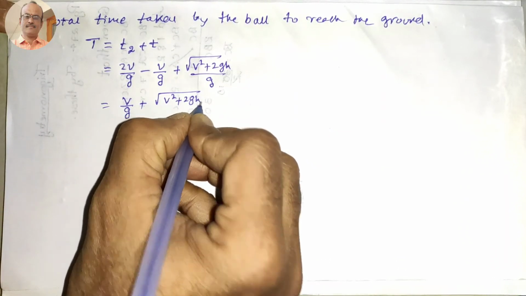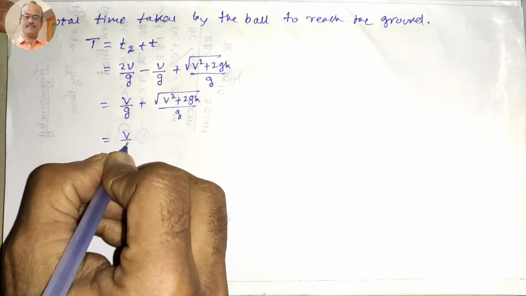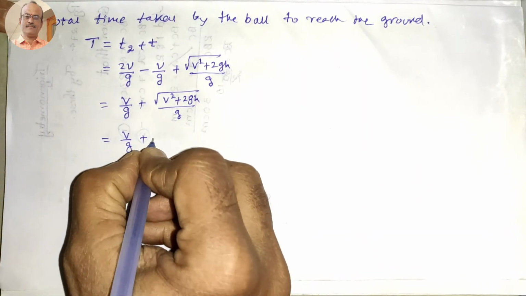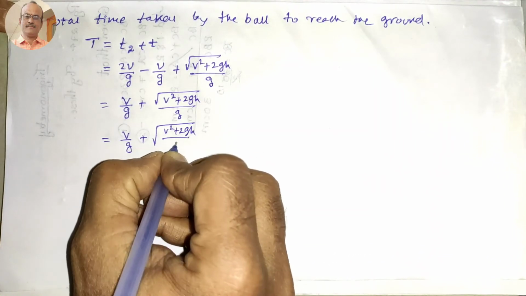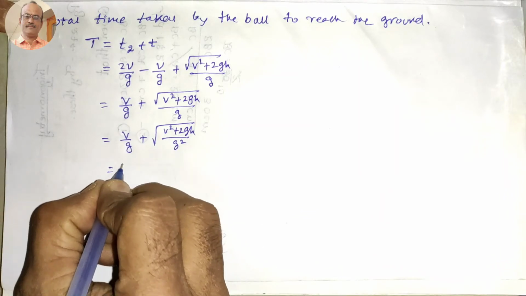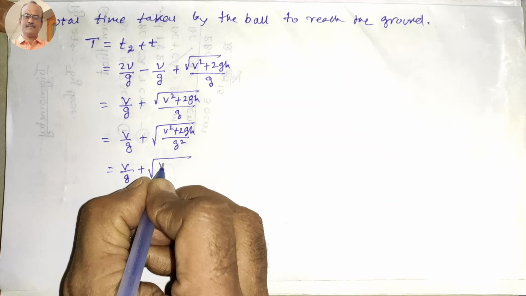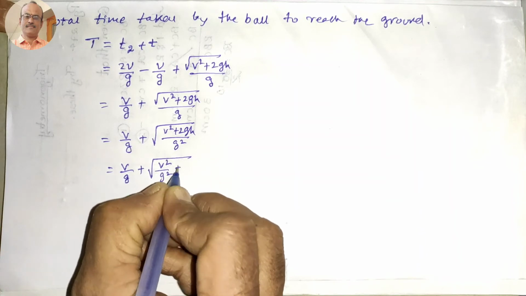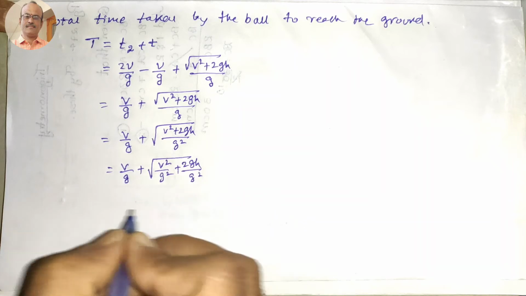Here, subtraction of these two gives v by g plus square root over v square plus 2gh divided by g. The g will move into the square root. So v by g plus square root over v square by g square plus 2gh by g square.